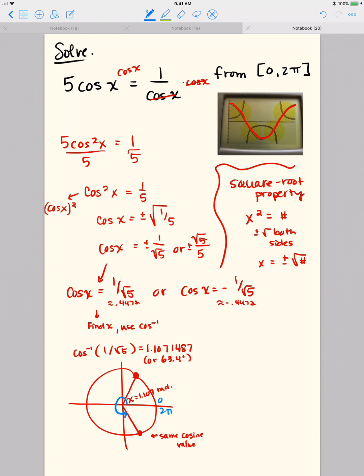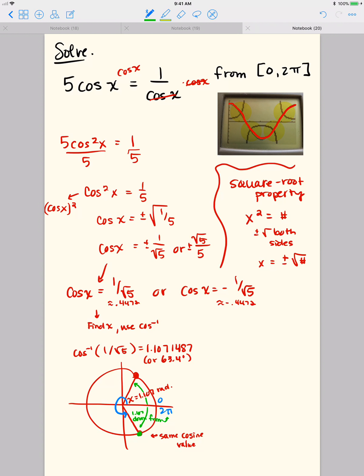Now, to come up with what that angle is, that larger angle that wraps over 3 quadrants, the easiest thing that you could do is notice this 1.107 that you went up off of the x-axis. We'll go the same 1.107 down from 2 pi and still be in the same location.